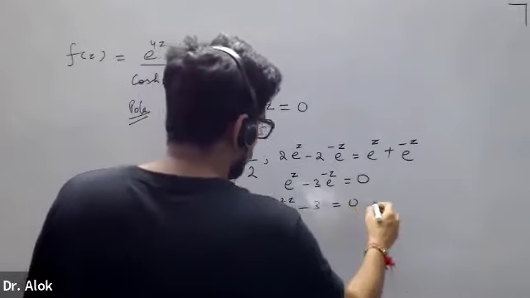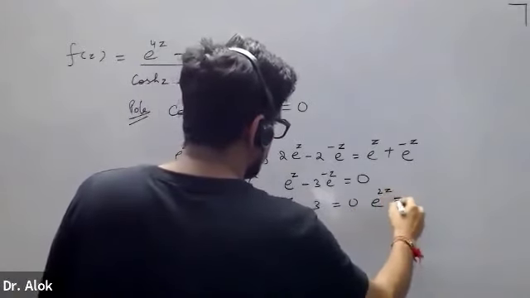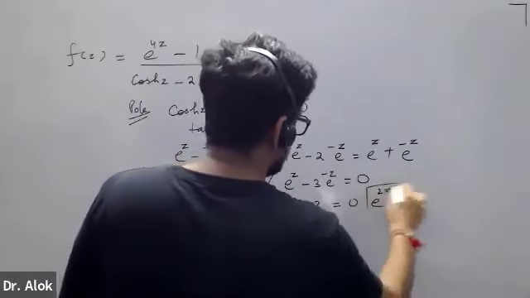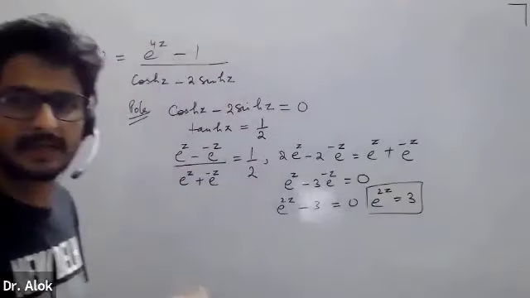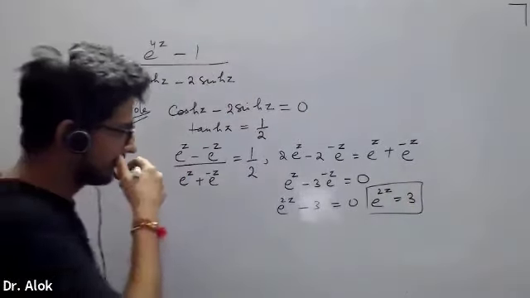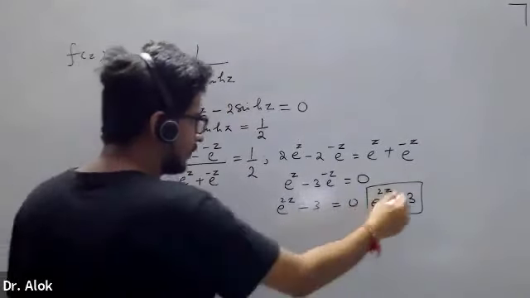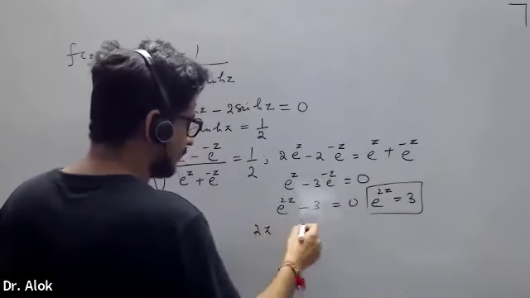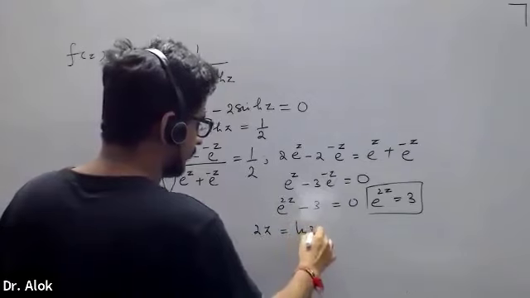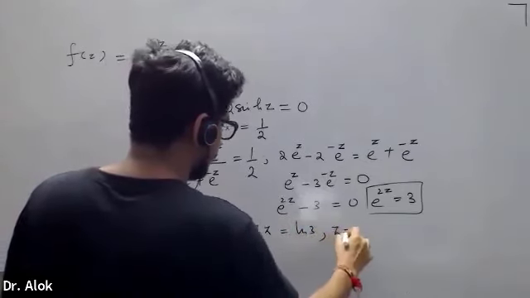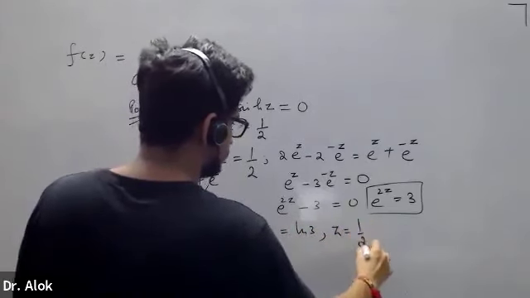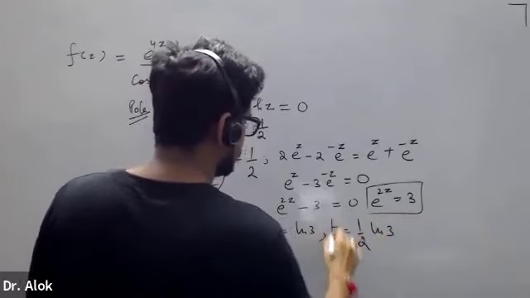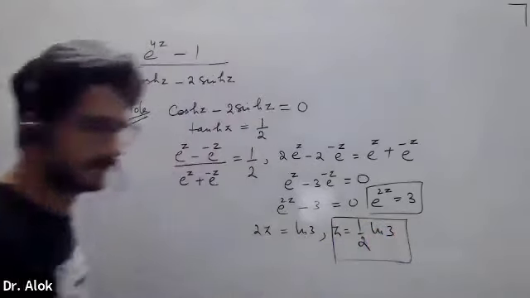So e to the power 2z is equal to 3. Finally, this is the solution, or if you want to write it in another form, 2z is equal to ln of 3. So z will become 1 by 2 of ln 3. If it is an objective question, then this is the answer.